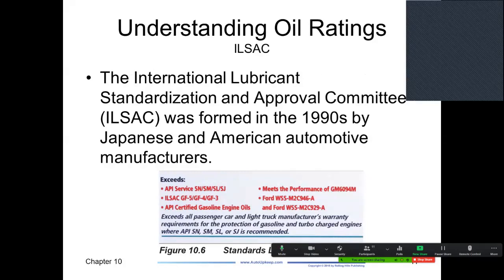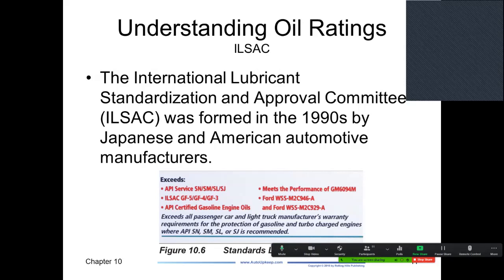All right, so here's the ILSAC. These guys were created by Japanese and American automotive manufacturers. They're just another layer of oil ratings that you might find on the bottle. This is not something that we use all that often, but you're definitely going to find the SAE rating, which is the viscosity of your oil, and then you're also going to have to take a look at the API rating to make sure you have the right API rating.